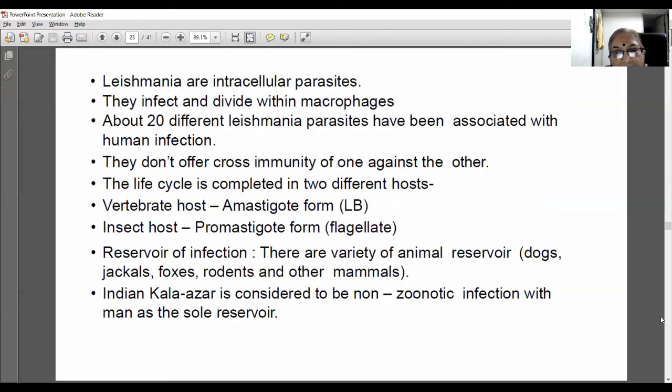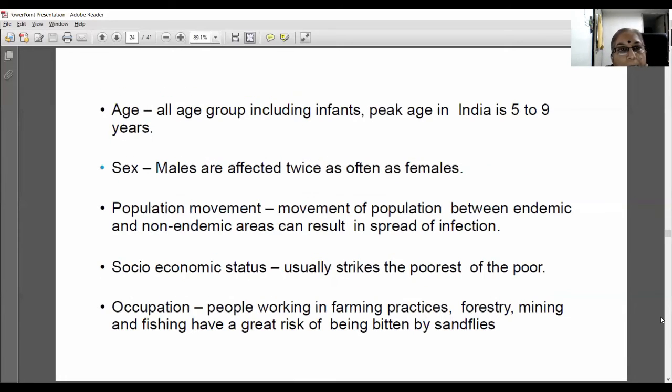Indian Kala Azar is considered a non-zoonotic infection with man as the sole reservoir. It is seen in all age groups including infants. Peak age in India is 5 to 9 years. Males are affected twice that of the females.